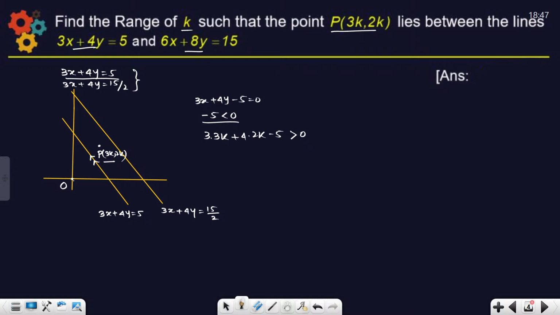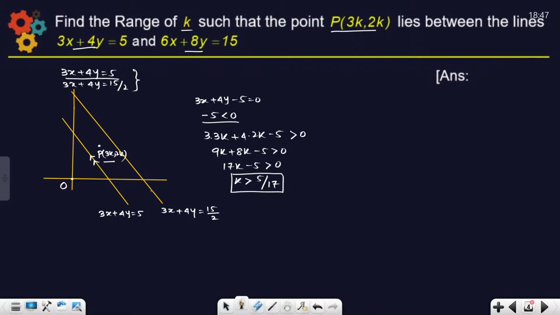Why? Because it is lying on the opposite side of the origin with respect to the given line. Is it clear? So from here we are getting 17k minus 5 is greater than 0. So k will be greater than 5 over 17. Is it clear?